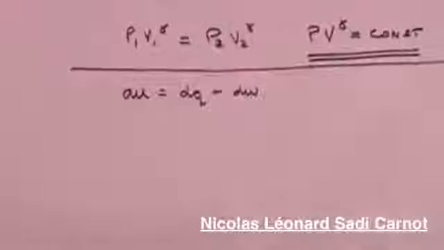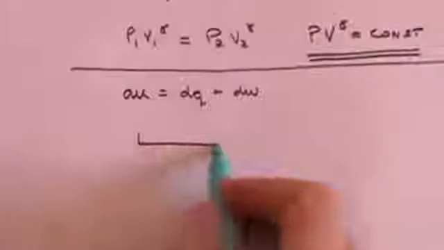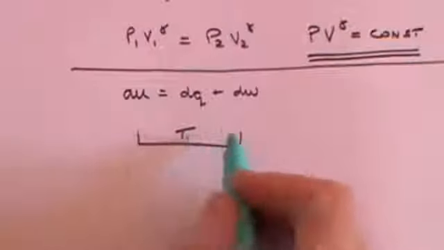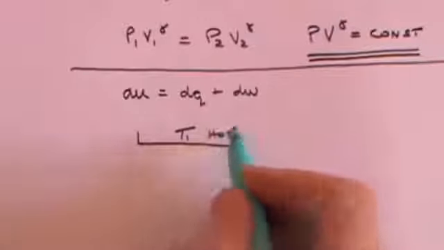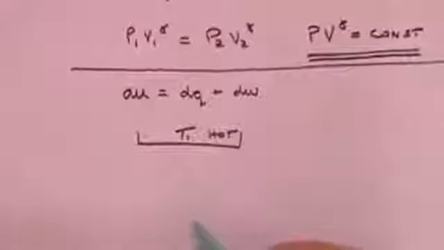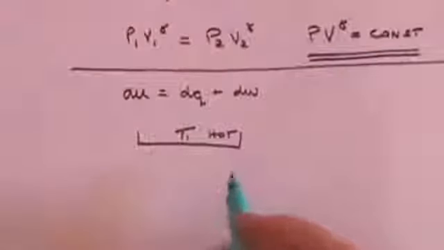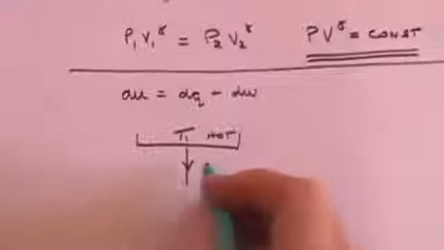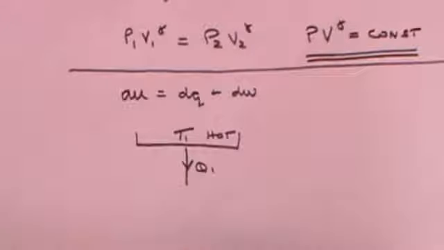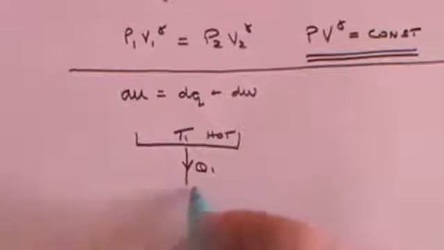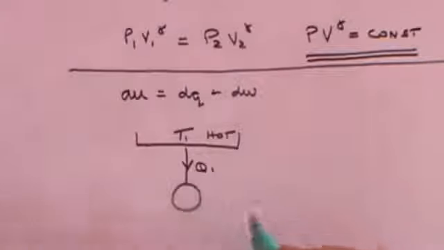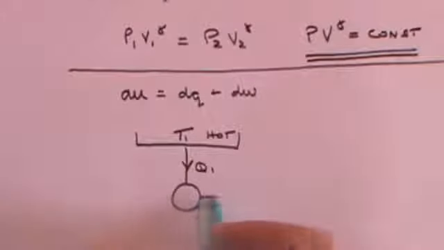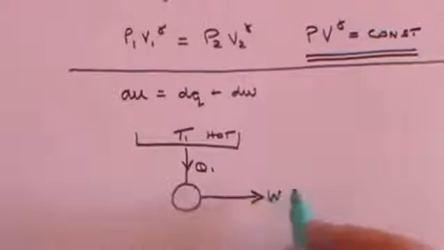In other words, he tried to set up a system whereby you have a heat bath at temperature T1, and let's say that's hot. So there's a large source of heat in this bath. And what he wanted to do was to take heat out of it, say Q1 worth of heat, put it into some kind of engine, we don't know what, and convert that into work or useful energy.